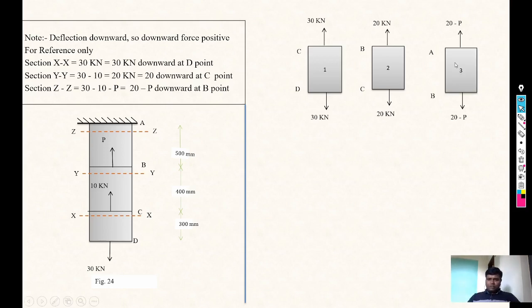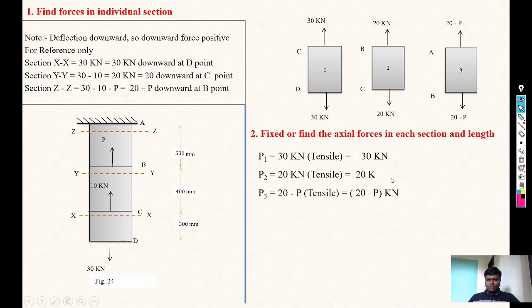So for the third section, 20 minus P downward at point B, and at point A it's 20 minus P, opposite as compared to point B. Just consider the individual forces P1, P2, P3 on the basis of this calculation. 30 kilonewton tensile positive, 20 kilonewton again tensile positive, and this 20 minus P force is tensile, positive.